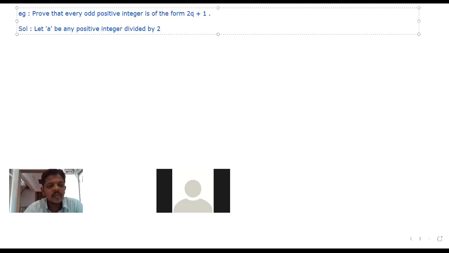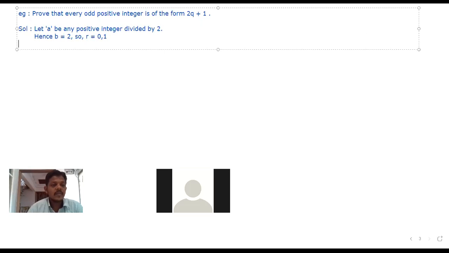Let a be any positive integer divided by 2, hence b is equal to 2, so r could be 0 and 1.